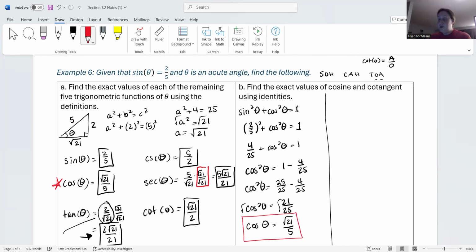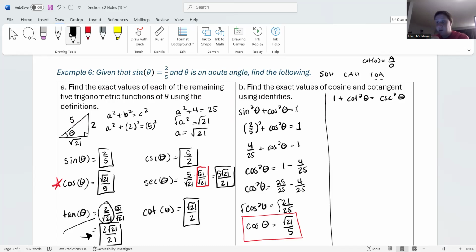Okay, now let's do the same thing with cotangent. You may not remember this from the previous video, but we do have a relationship involving cotangent: 1 plus cotangent squared theta is equal to cosecant squared theta. We do know that cosecant is the reciprocal of sine.